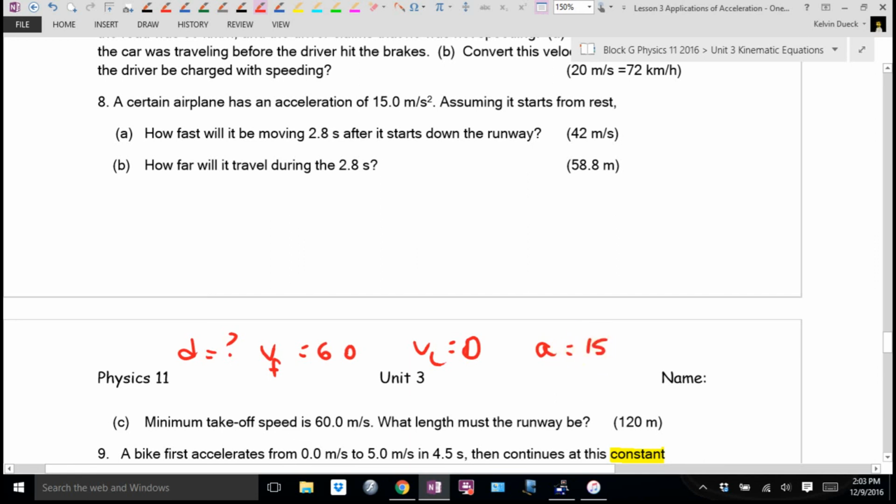I think I can use VF squared equals VI squared plus 2AD. I think I can go D equals VF squared minus VI squared all over 2A. Yep. I think we did one just like that in the homework, finding an airport runway length. Is that all right? Yeah. Okay. Put your pencils down.